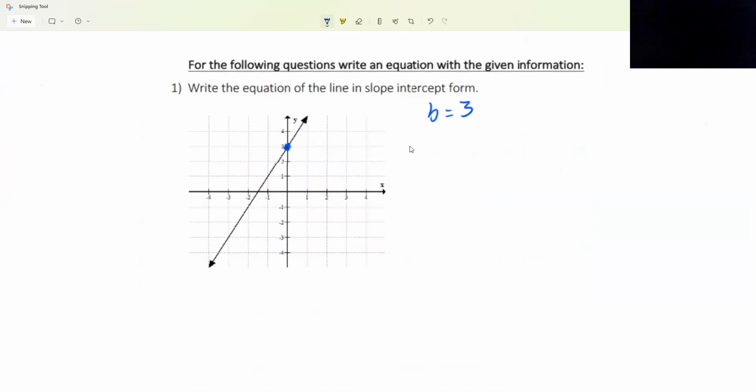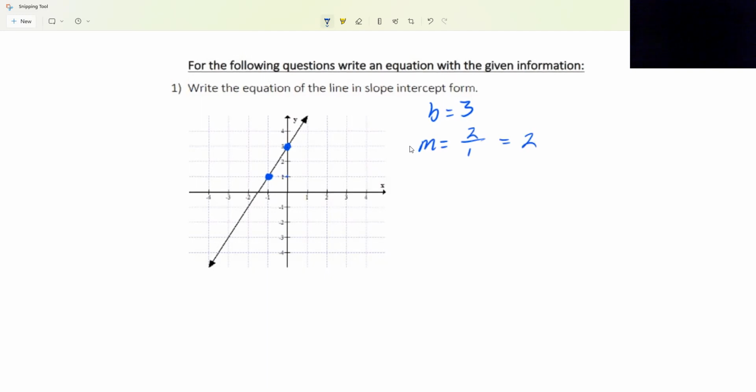So now I'm just going to pick another point. I can pick this point and ask how many I need to go over and how many up from this point to this point. I'm going to go over 1 and then up 2. So the slope is over 1, up 2. So basically my slope is 2.